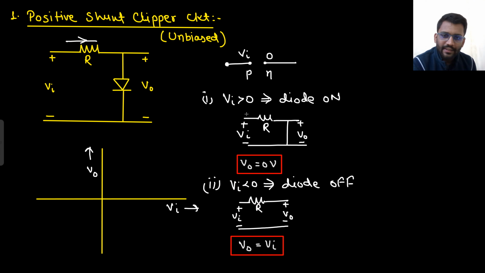For V in greater than 0, V naught is 0. And for V in less than 0, V naught is equal to V in, with slope being 1.